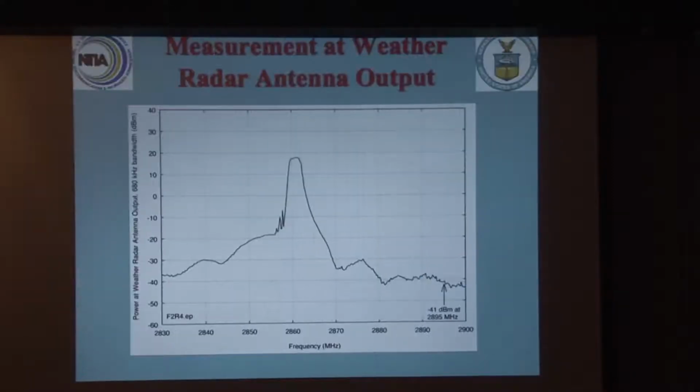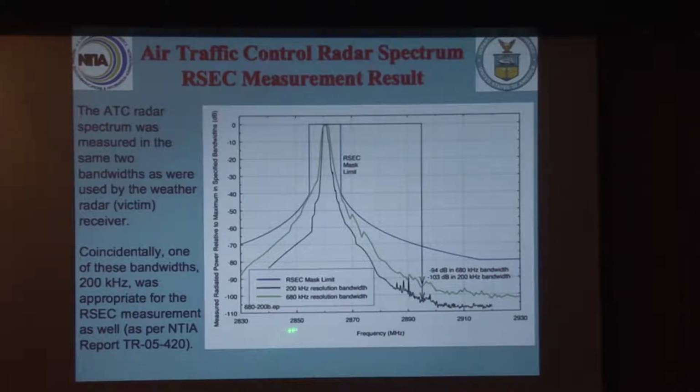But okay, so here's what we measured at the weather radar antenna output. You've already seen the radar spectrum measured with our vehicle sitting out in the open. Now we measure this energy coming through the weather radar output, and I am going to back up a couple of slides here so we can get our feet underneath us. The air traffic control radar is operating at 2860 megahertz.